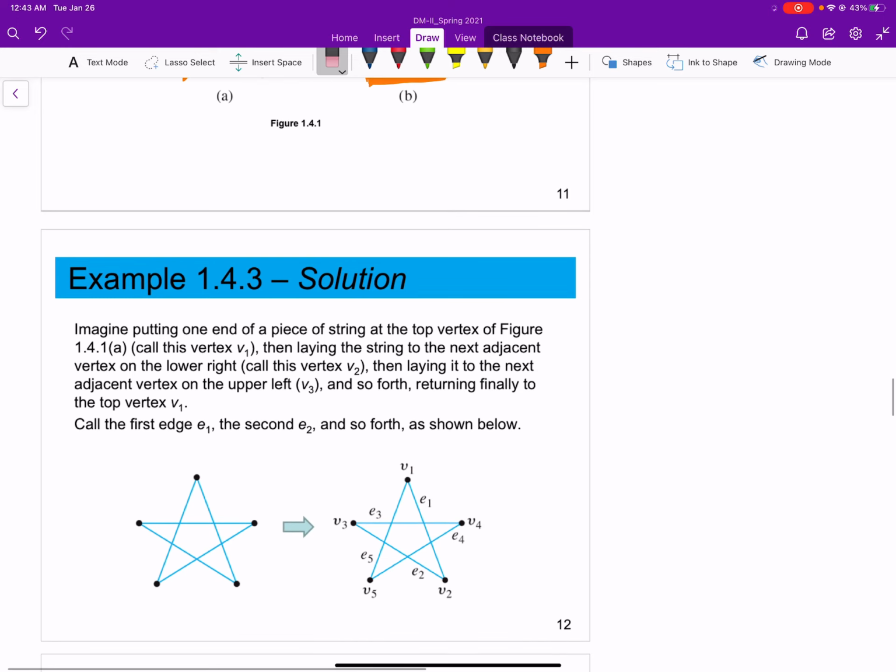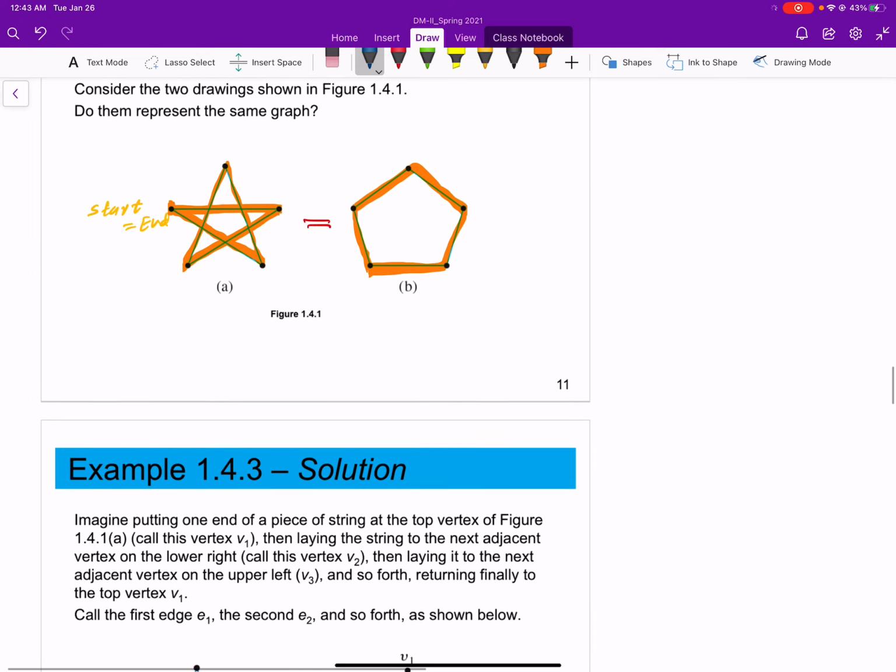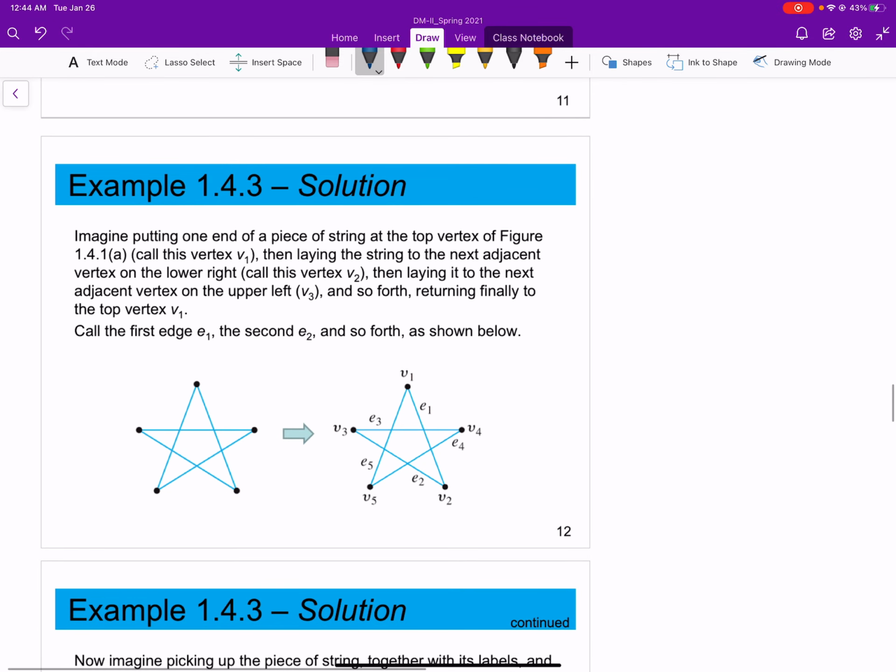So that is explained right here. Imagine putting one end of a piece of string at the top vertex of figure 1.4.1a. Okay, so you call this vertex v1. Then lay the string to the next adjacent vertex on the lower right.